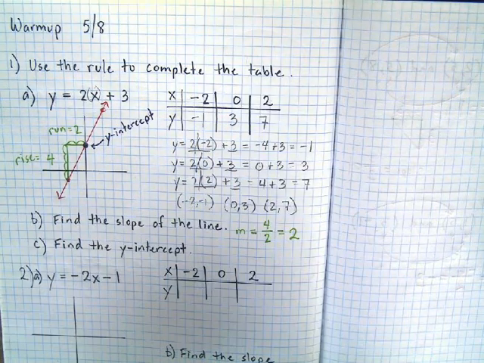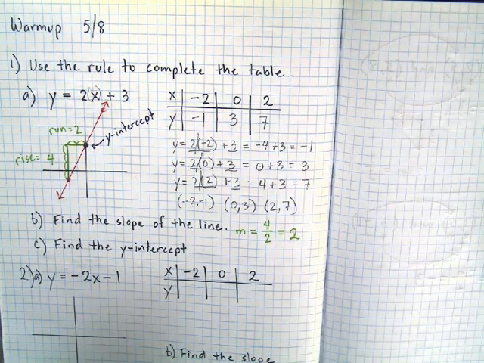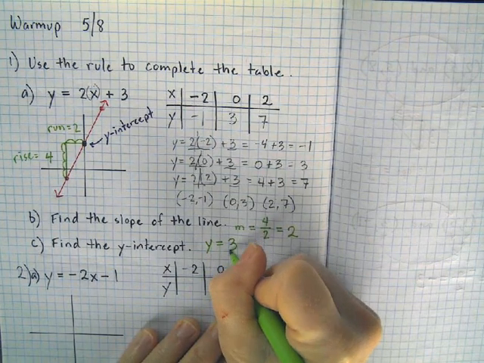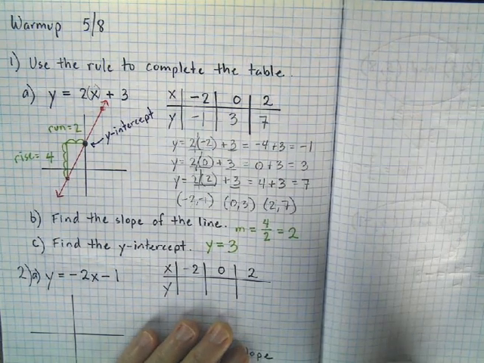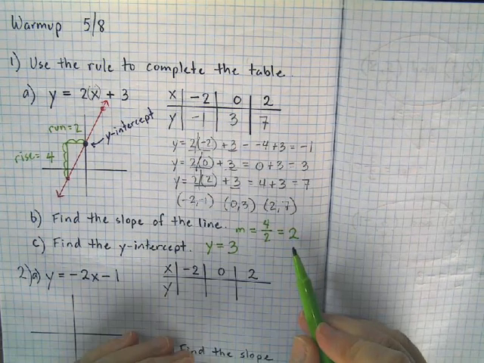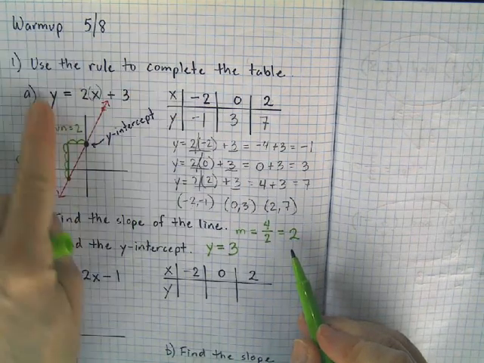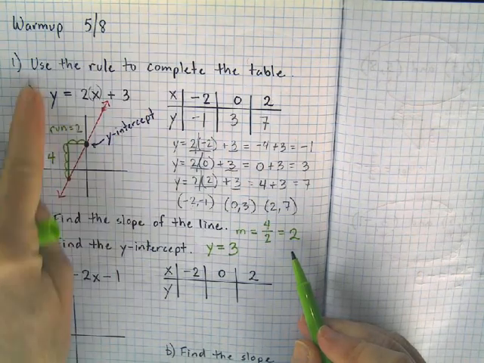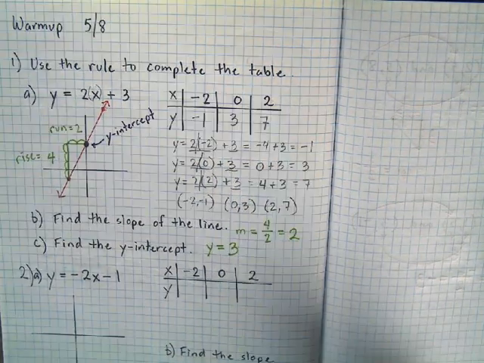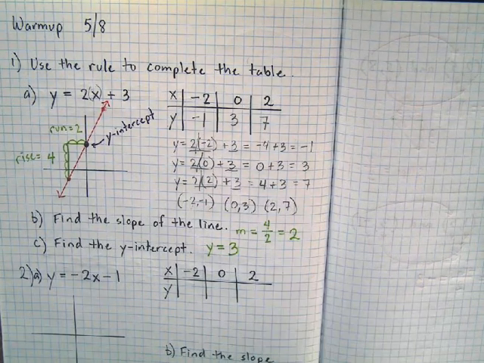Y equals 3. So my Y-intercept is at Y equals 3. Notice anything interesting? The slope of the line was 2 for this rule, and my Y-intercept was 3. Very interesting, yeah?